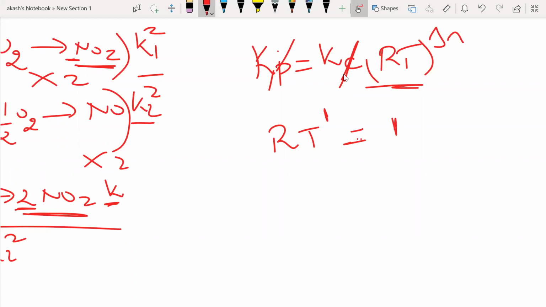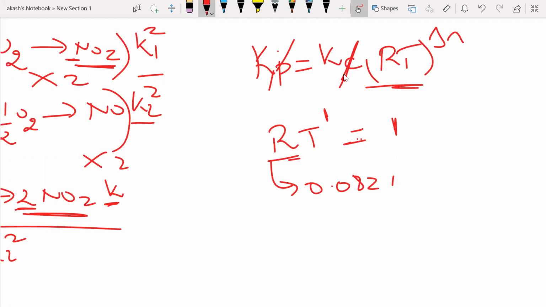And the R value, I told you, you should use as 0.0821. So the answer would be 1 divided by 0.0821. I think option B is the answer, approximately.